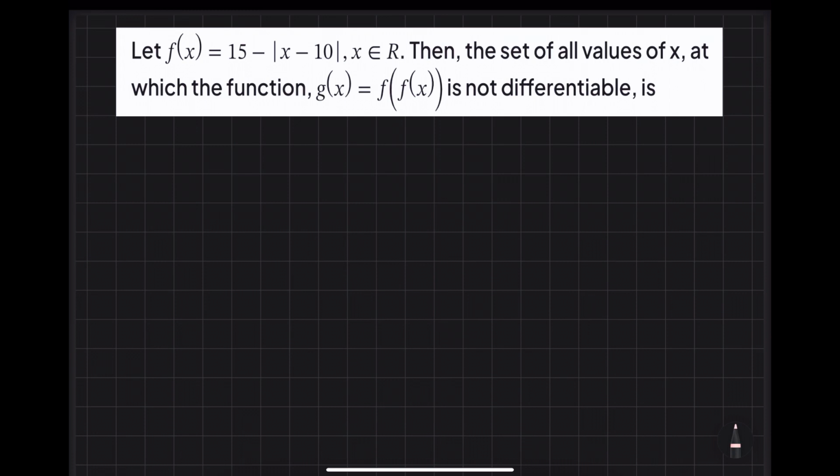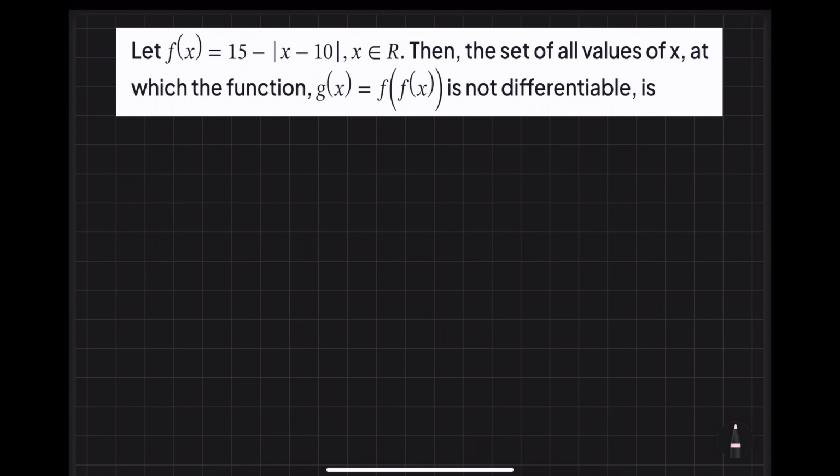At an endpoint, the function is not differentiable. If it is discrete, meaning an isolated part, it is not differentiable. The moment you draw the graph, you can directly observe at what points the given function is not differentiable.